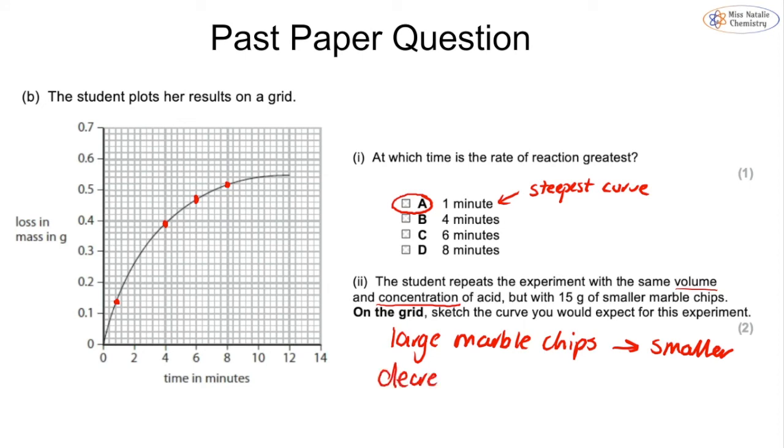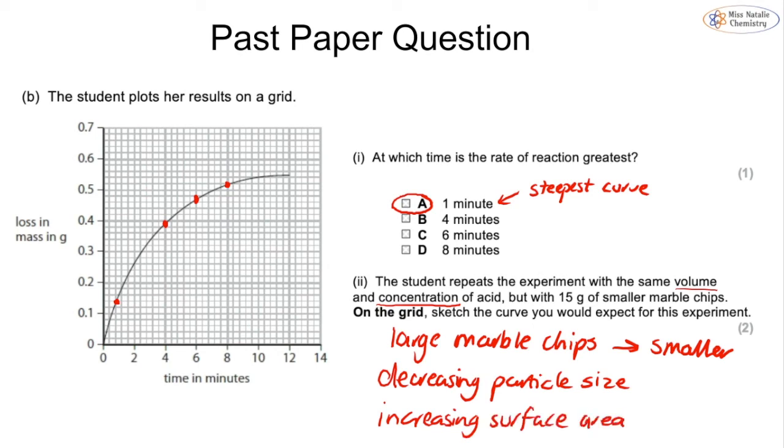By decreasing the particle size, we are increasing the surface area. Therefore, we are increasing the rate. So this reaction is going to happen faster than the one that is on the graph already. So our curve is going to be steeper.